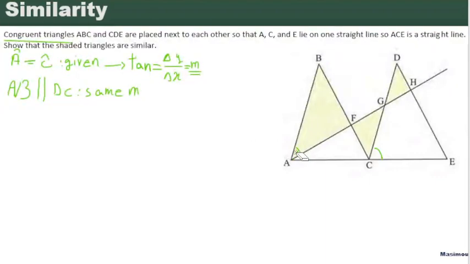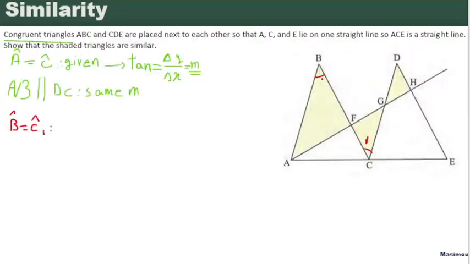So I can use it to show similarity of this triangle and this triangle. As we know, BC is a transversal line between these two parallel lines. So I can say angle B equals angle C1. Why?